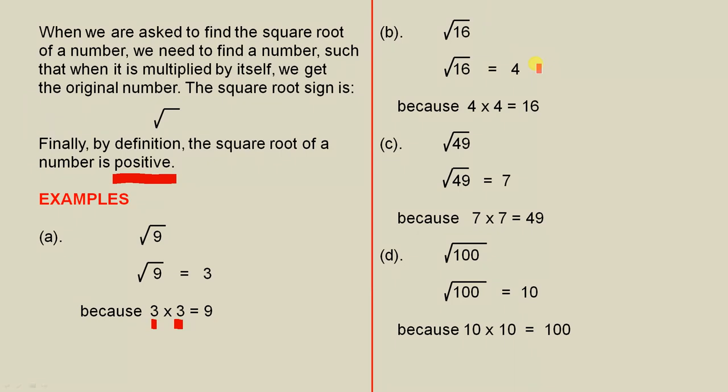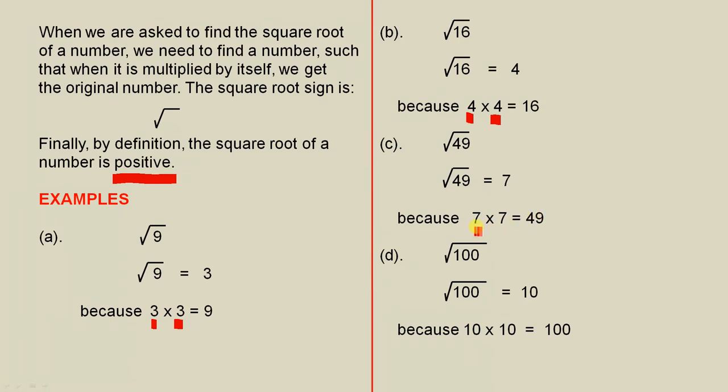The square root of 16 equals 4 because 4 times 4 equals 16. You multiply a number by itself to give you 16. The number is 4, so the square root of 16 is 4. The square root of 49 is 7 because 7 times 7 equals 49.